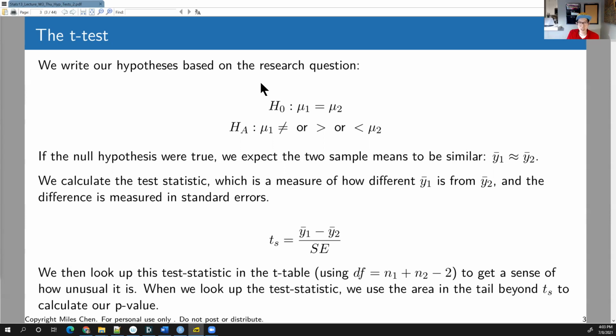I continue to have that aim for future quizzes, but there are just more moving pieces in these hypothesis tests. You have to get the hypotheses, do the standard error, look it up in the reference table, calculate areas and p-values, and make a conclusion. There are a few more things involved, so it's easy to make a mistake in one of these parts of the question.